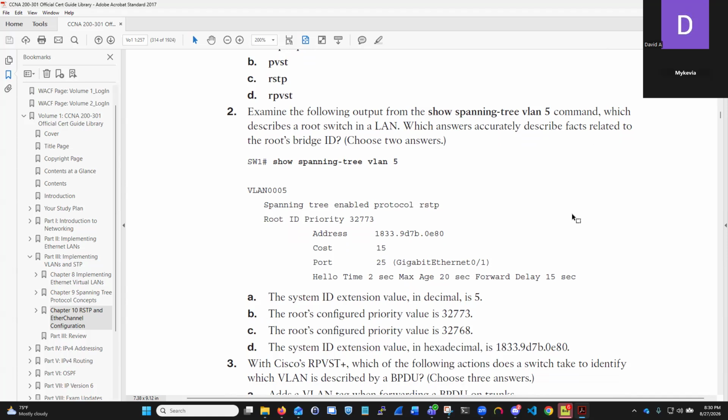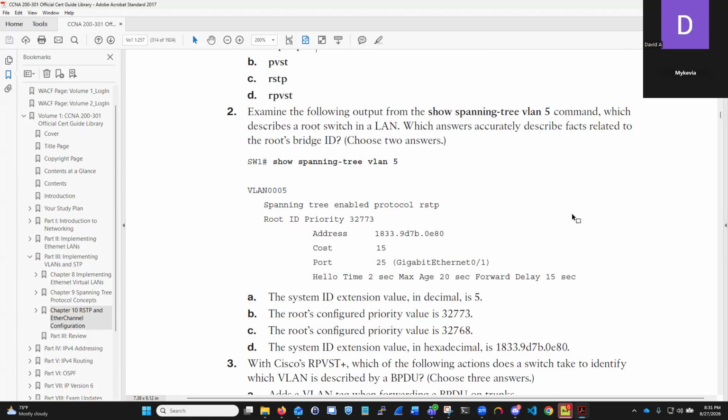Okay, so it's B and D. The root configured priority value is 32773, and the system ID extension value in hexadecimal is the 1833. You said B and D? Wait, hold on, let me read that one more time, because the address, is that the MAC address?